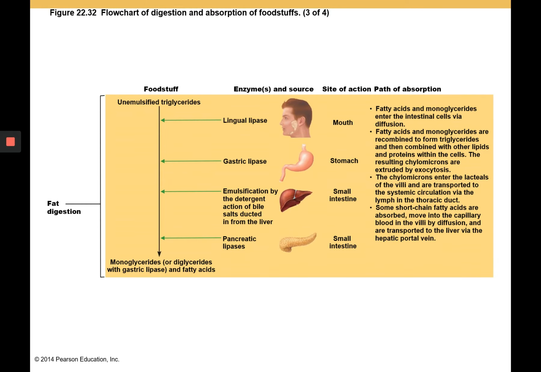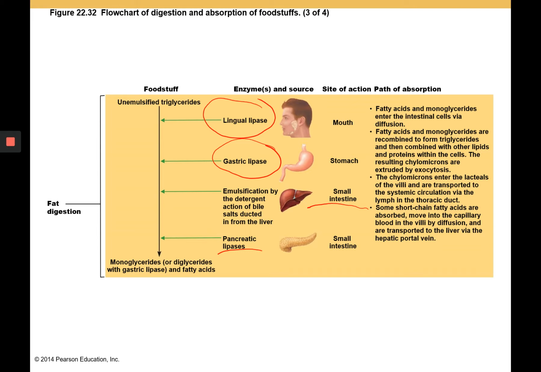So just remember that lipids must be pretreated. Emulsification is the process of pretreatment, and it makes it easier for lipids to be digested by enzymes. The emulsification step doesn't begin until we hit the small intestine, so even lingual lipase from salivary glands or gastric lipase from the stomach isn't really doing much digestion until they go into the small intestine, and then along with pancreatic lipases, they're going to help break down lipids.